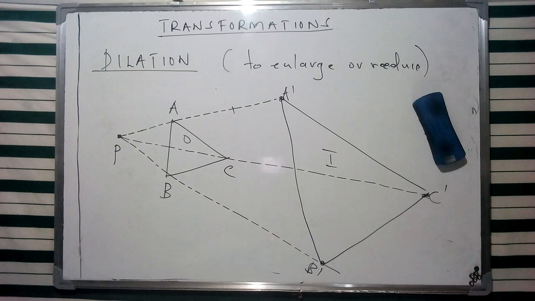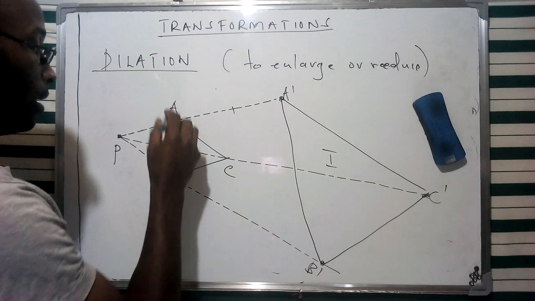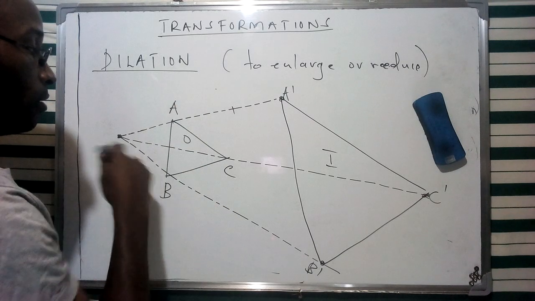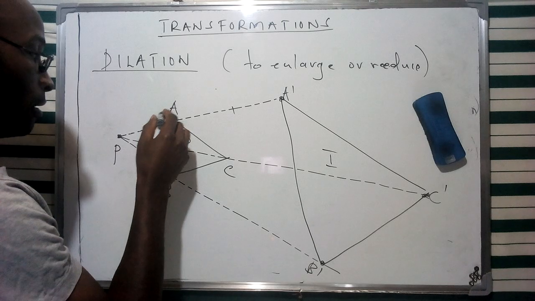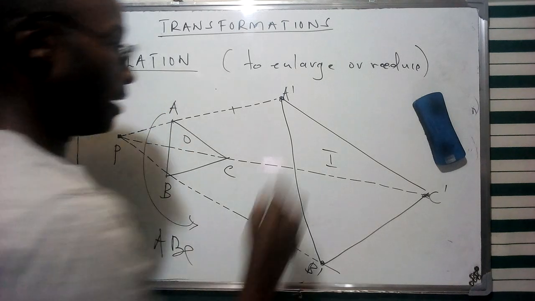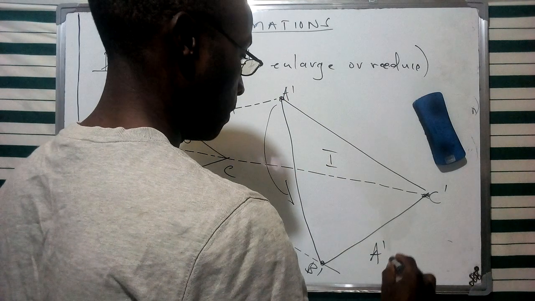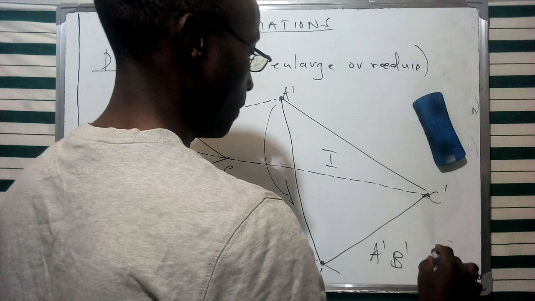We're going to see that in performing a dilation, there are some aspects which are preserved, particularly angle measurement and orientation. As we can see, by traveling around this triangle in an anti-clockwise direction from A, B, C, this is the same orientation I'm going to assume in traveling from A prime, B prime to C prime respectively.